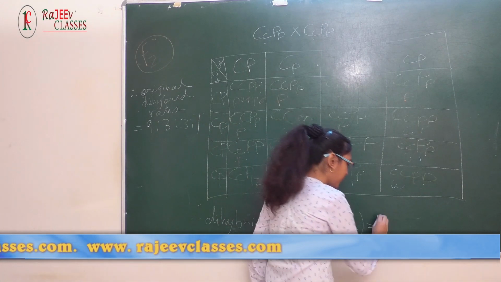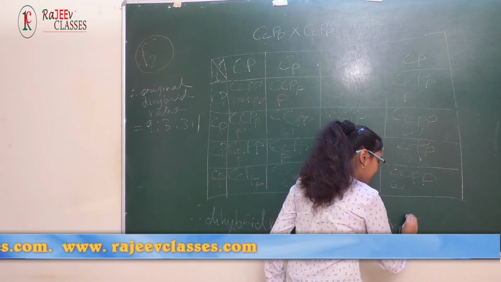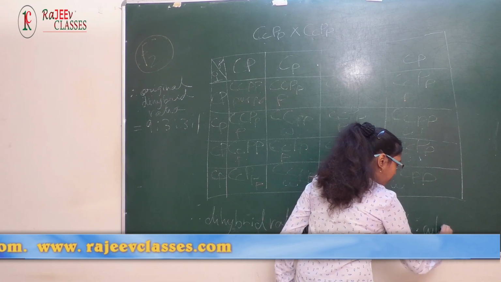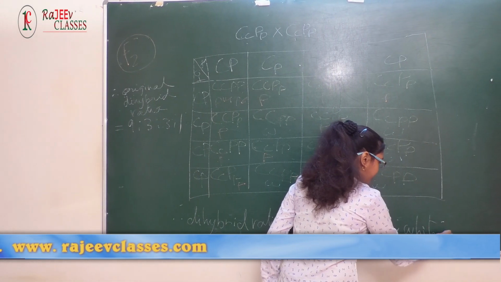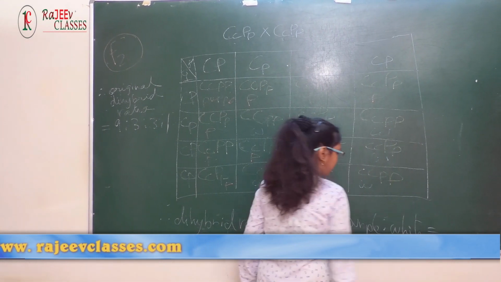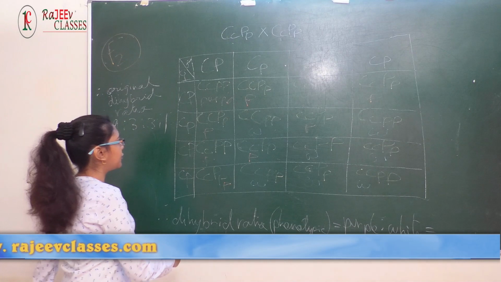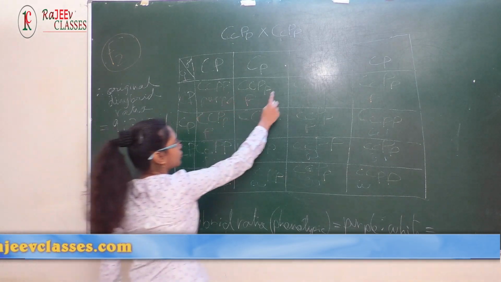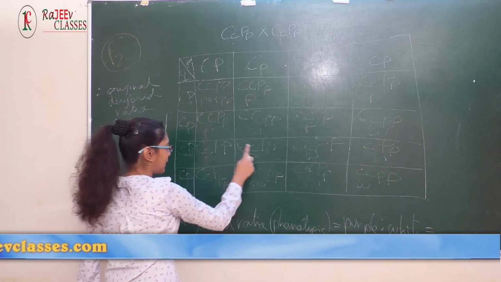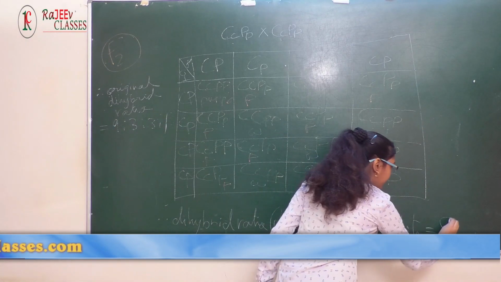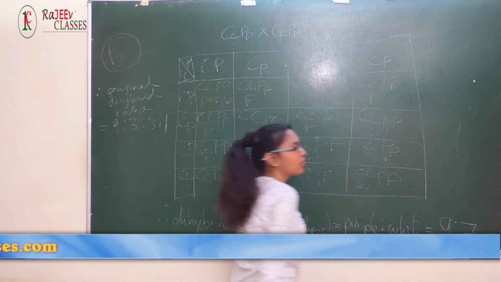The number of purple plants is to the number of white plants, or rather flowers. What is happening? If you count, there's 1, 2, 3, 4, 5, 6, 7, 8, 9. 9 purple is to 7 white flowers.